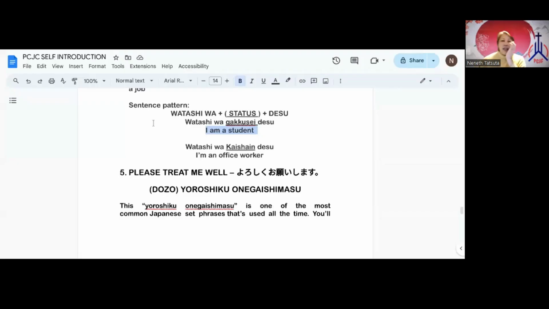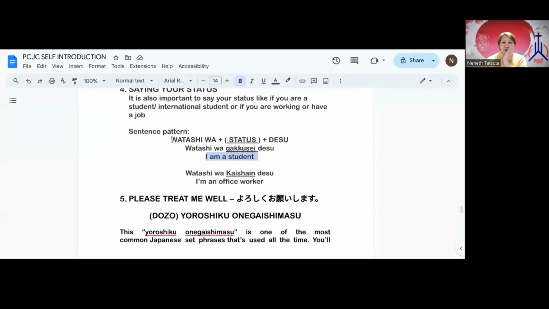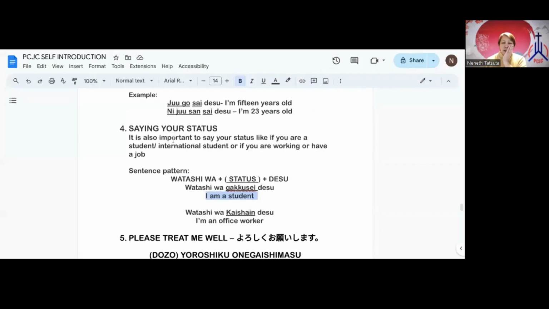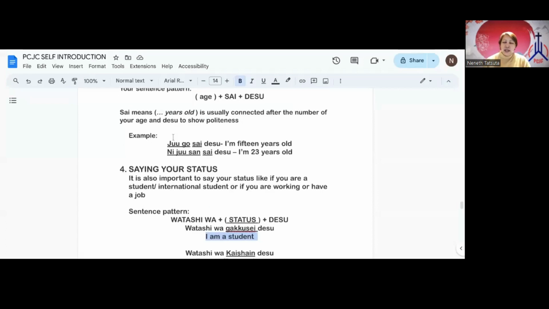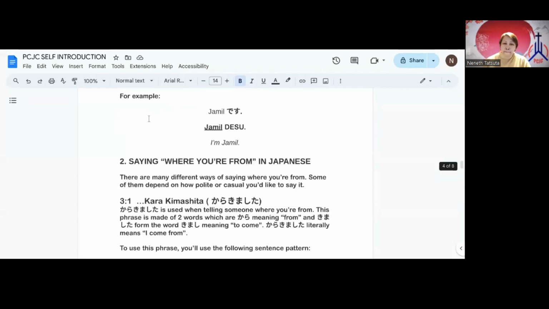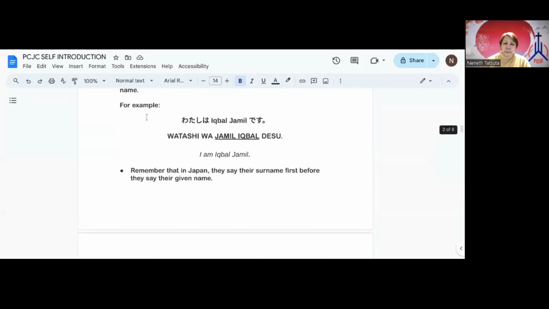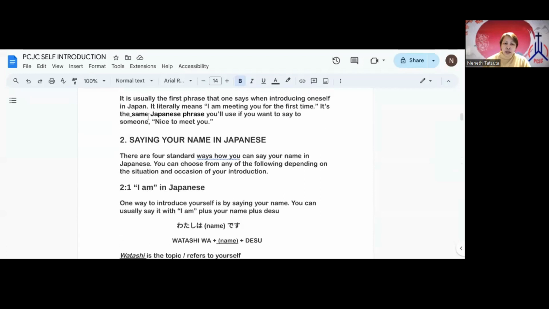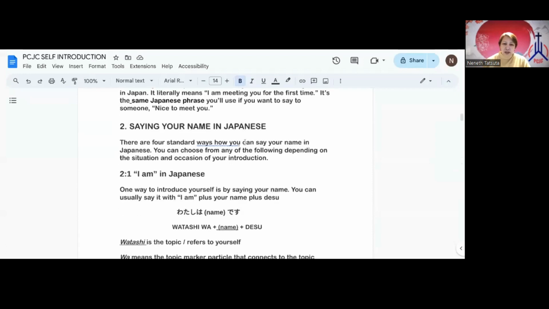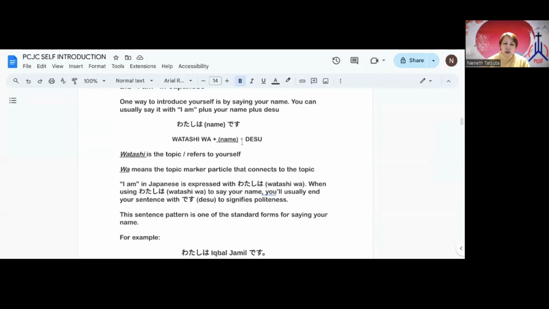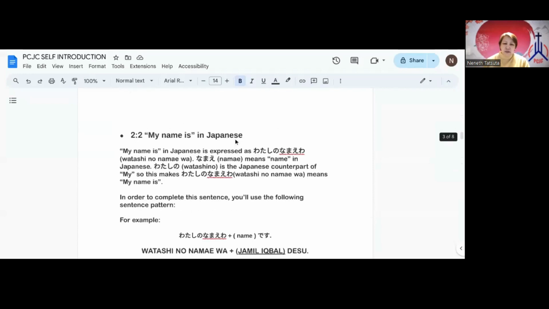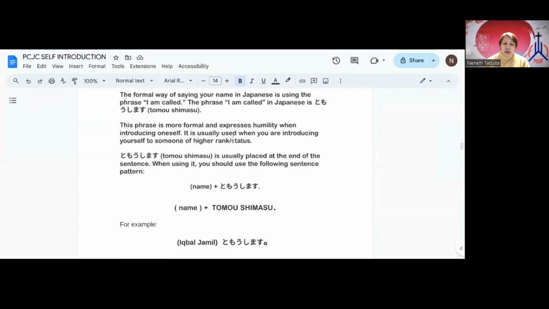So now, after saying hajime mashite, how do you do, or you have the greetings, ohayo gozaimasu, then you would say your name. Saying your name in Japanese, you're going to pick any one of the four standards of how you would say your name.